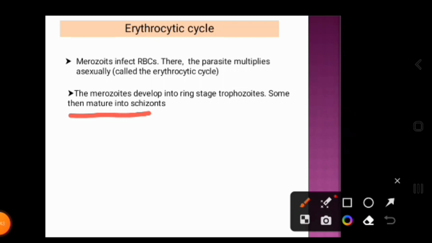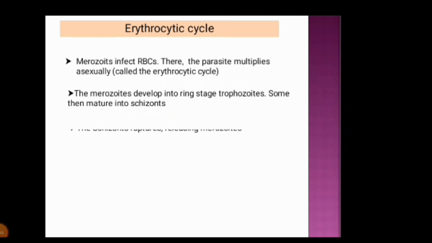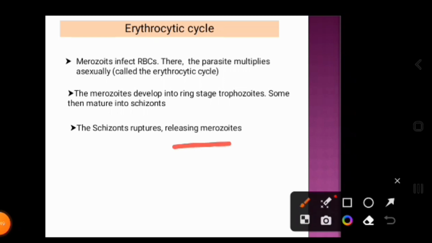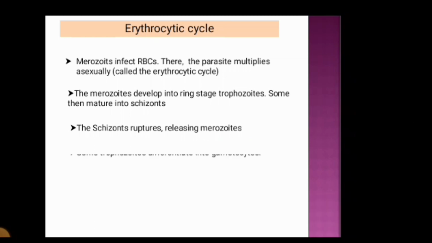Some of them mature into schizonts and some schizonts rupture, releasing the merozoites, and they destroy and burst the RBC. When they burst the RBC, it releases the toxin hemozoin, which causes the bone shaking chills in humans, which is the characteristic sign of the malarial parasite.